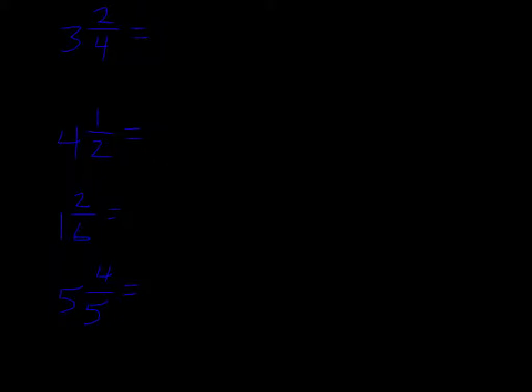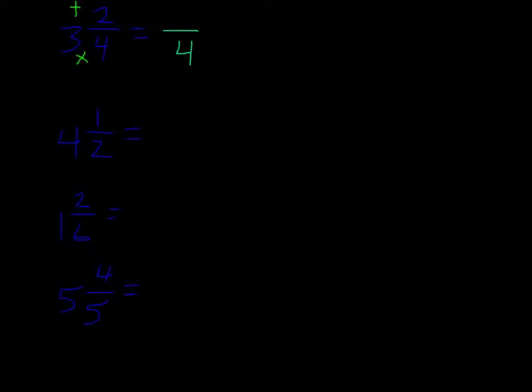On this next one here, we're going to try something a little bit different. We are going to take our 3 and our 4. Our denominator is always going to stay the same, so we're going to leave it at a 4. However, instead of separating that out, we are going to multiply our 3 and our 4 together, and then we're going to add our 2.